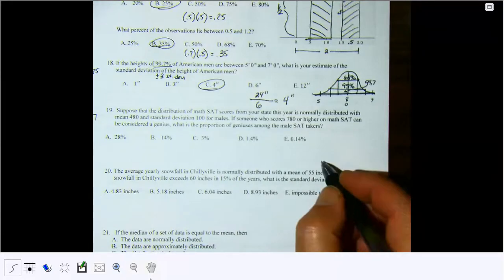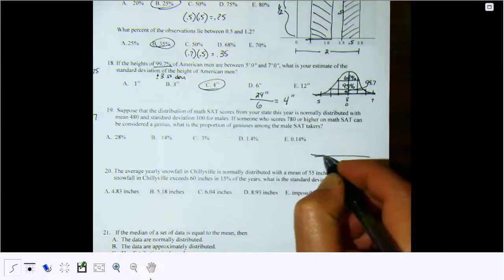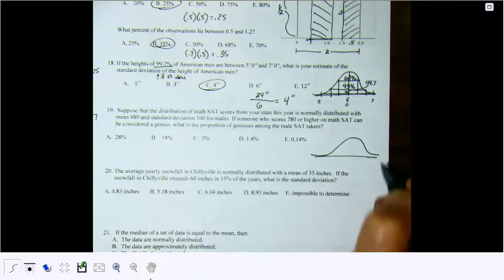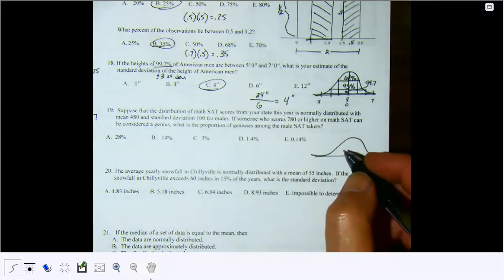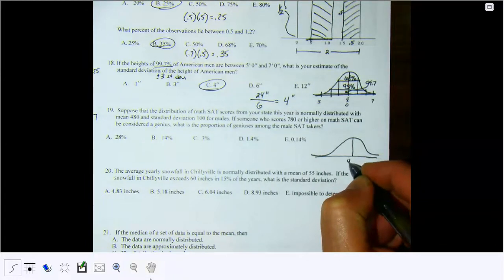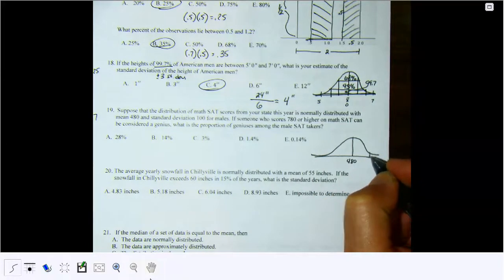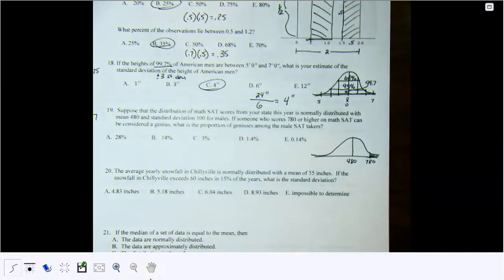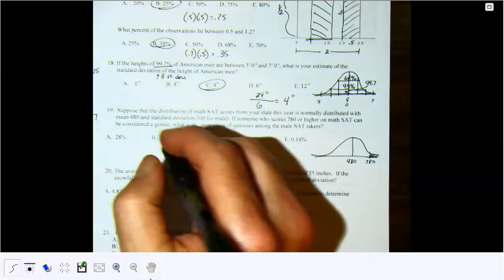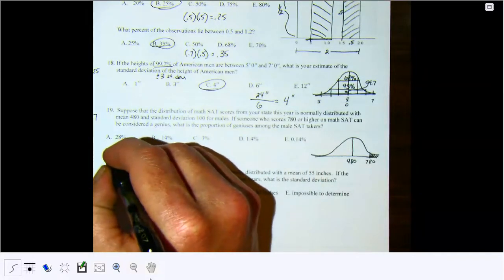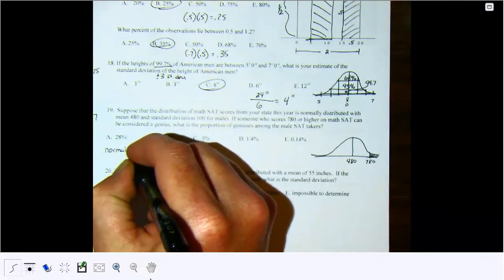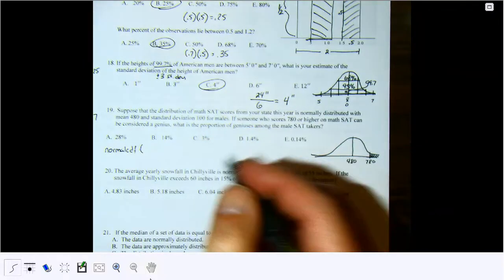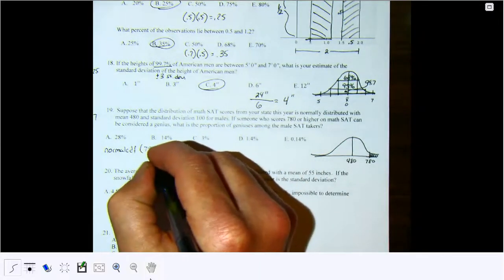Okay, so here we go. There's my curve. We know that males are going to pop in the middle here at 480. They are a genius out here at 780. We're going to figure out what portion are geniuses. So again, I would truly run this on a normal CDF on my calculator, just for speed. 780 is my left boundary.